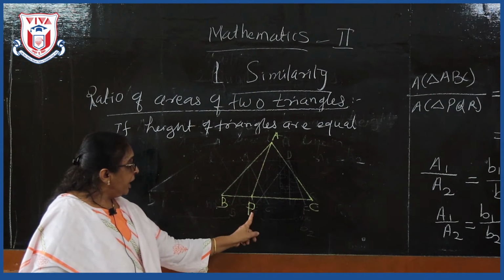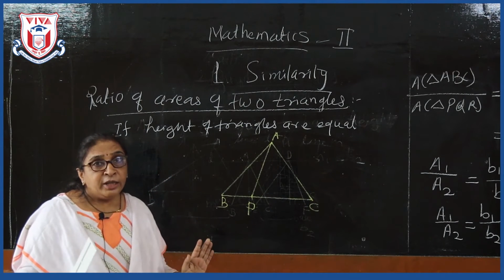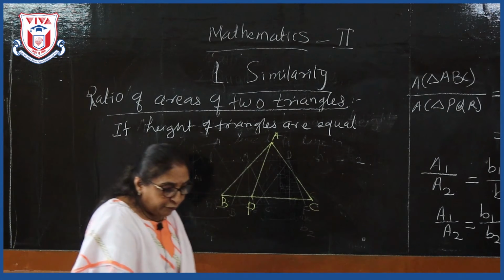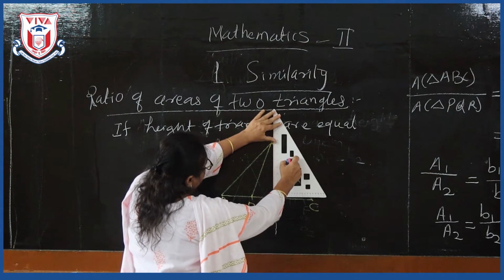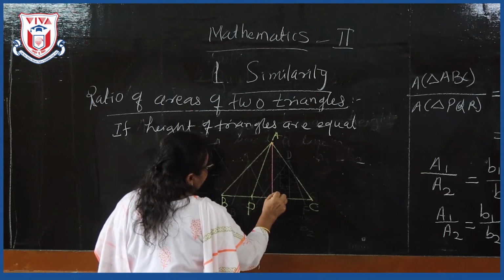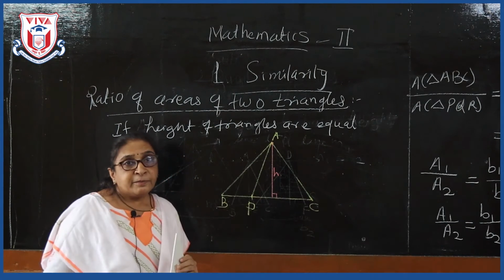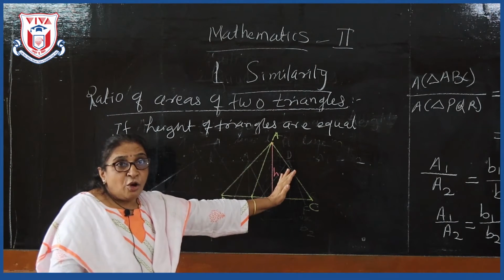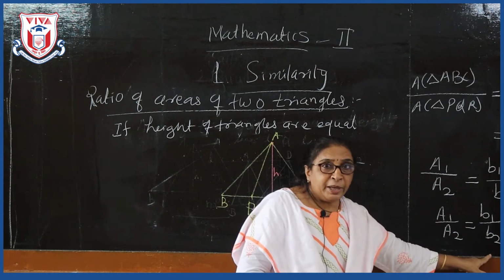That means base BP, base PC and base BC all lie on the same line and they have a common vertex A. And hence if we draw a perpendicular from this A, then this is the common height for all three triangles, and therefore the areas of the triangles will be proportional to their corresponding bases.